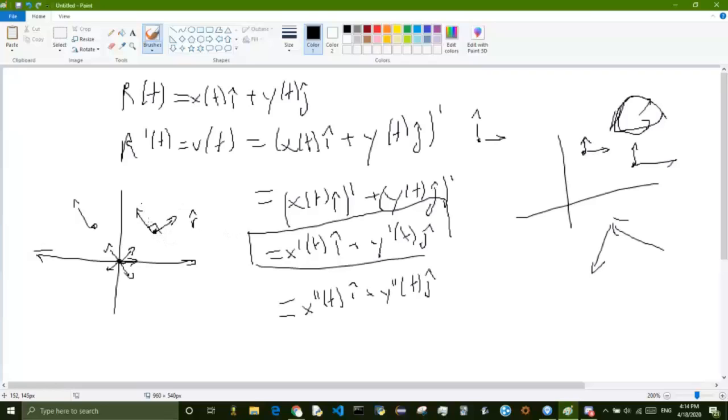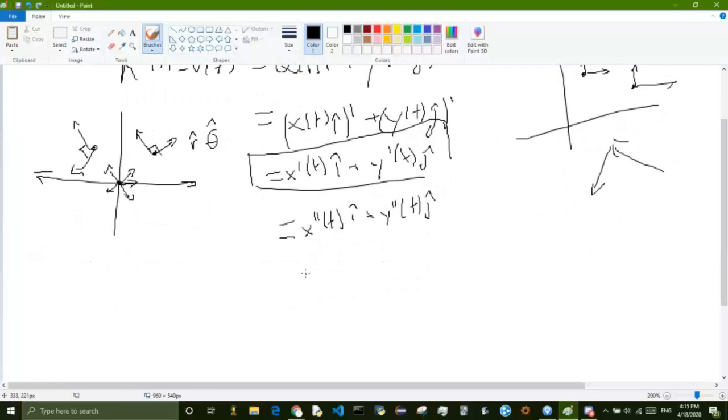So theta hat is always going to be perpendicular to r hat. And it's also going to change everywhere in space, just by virtue of always having to be perpendicular while r hat is changing, so theta hat has to change, right?